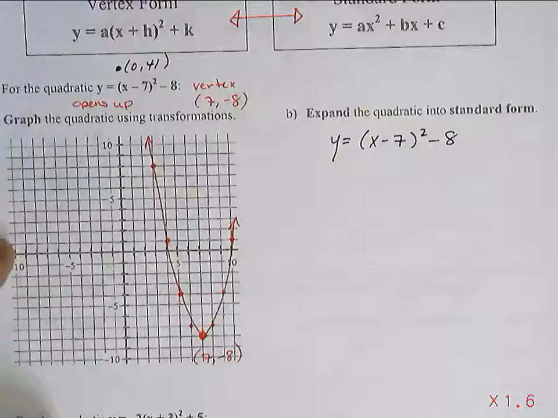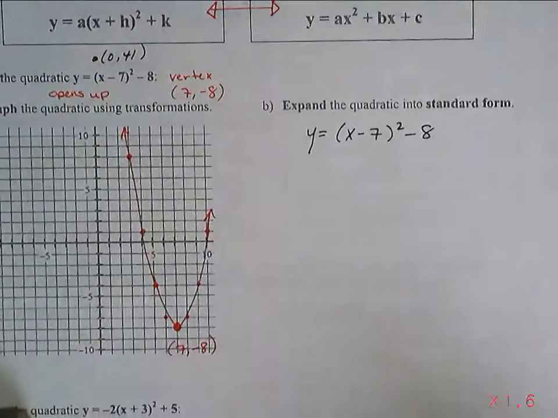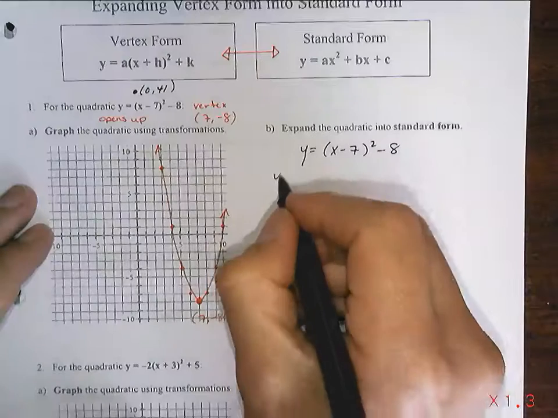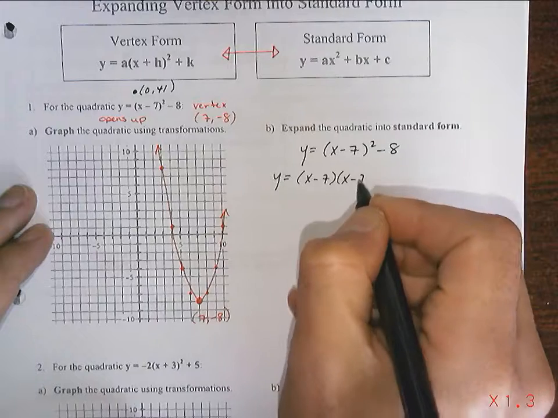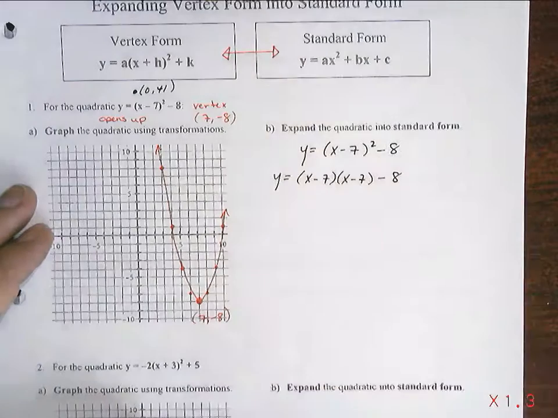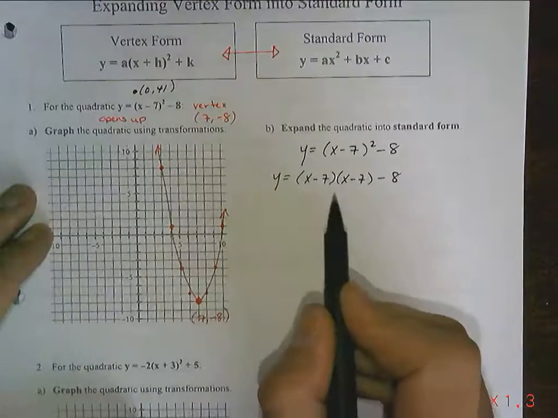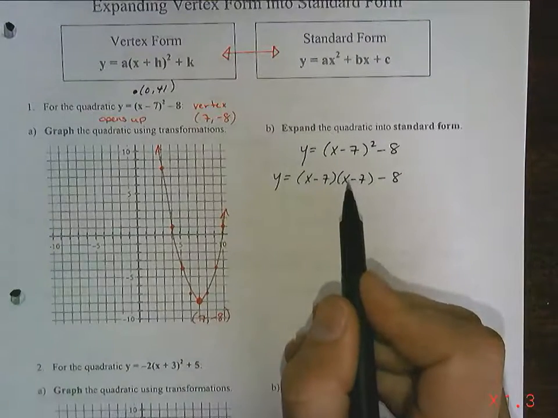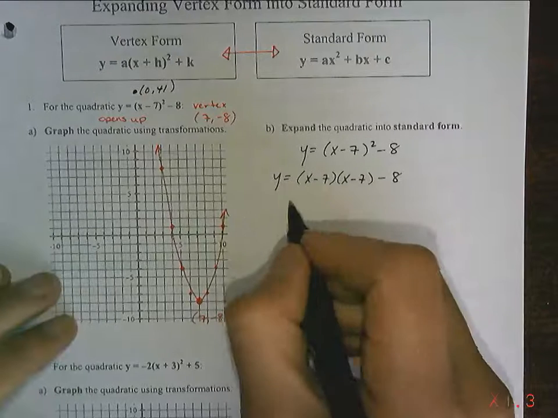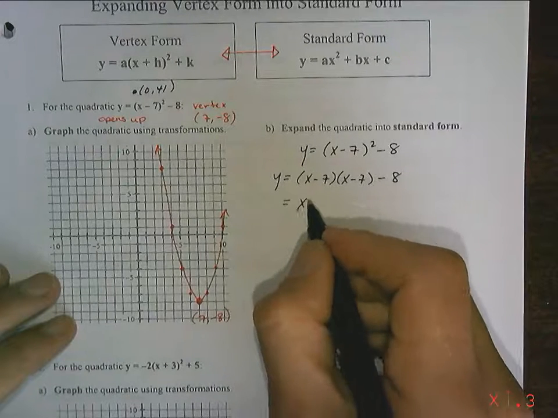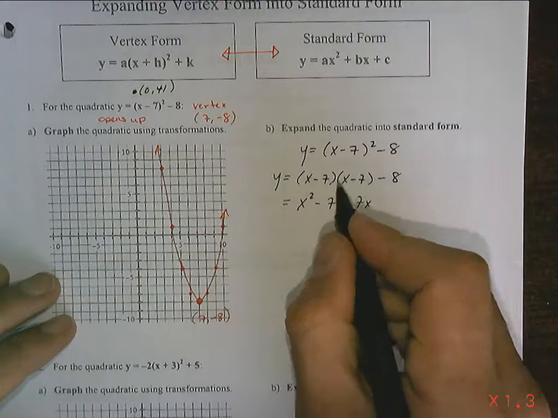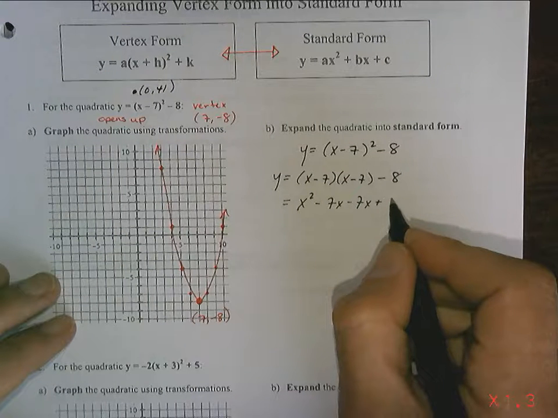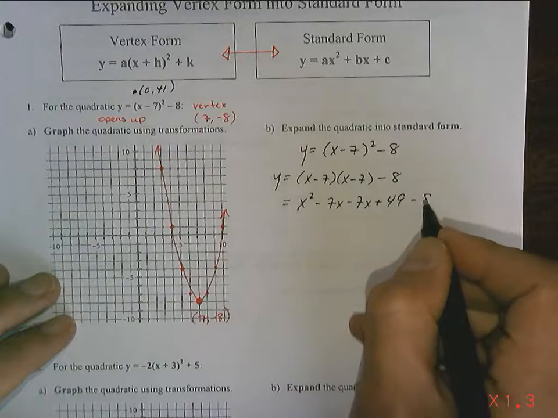We want to expand it. So using our algebra skills, I have two binomials that need to be multiplied together first, according to BEDMAS, and then subtract 8. So x times x is x squared, negative 7x, negative 7x, negative 7 times negative 7 is positive 49, minus 8.